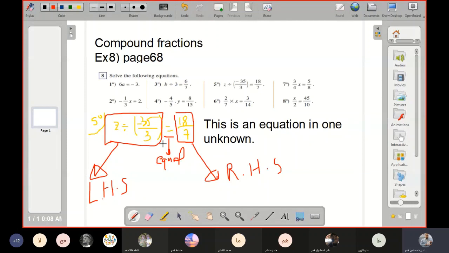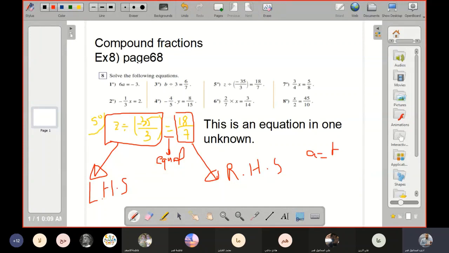I can write this equation starting from the right-hand side: 18 over 7 equal z over minus 35 over 3. And I can say z over minus 35 over 3 is equal to 18 over 7. We can read the equal from both sides: a equal b, or we can start by b equal to a. So this is an equation.